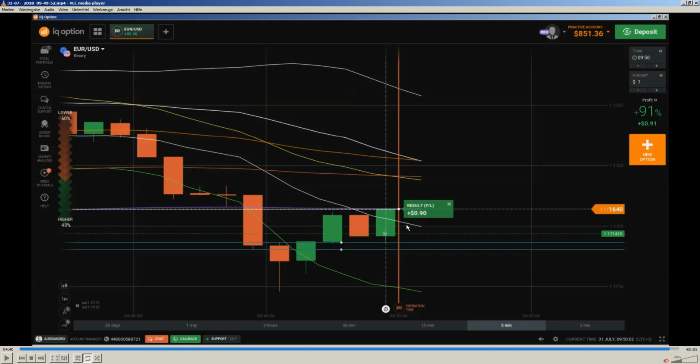And then I would prefer to do a put here, because the market is also showing more potential to go down than up, because you see the 20 is pointing down, the 50 is pointing down. And that would be already a nice sign that there's still a downtrend coming up.